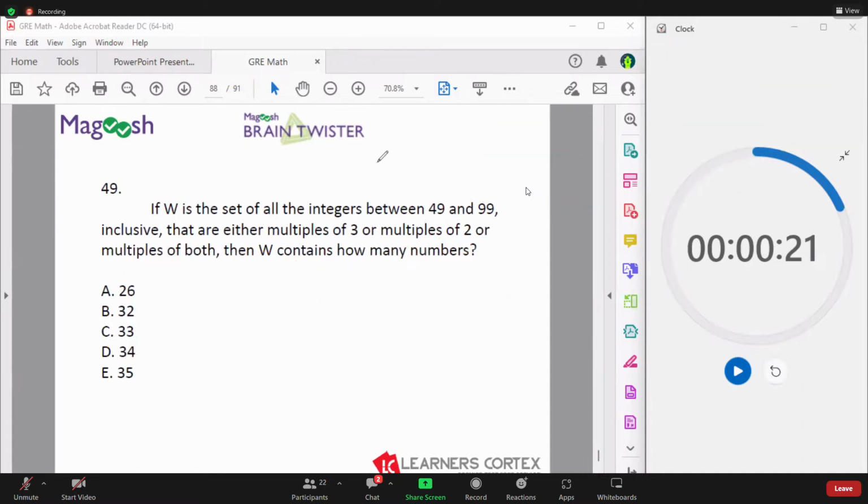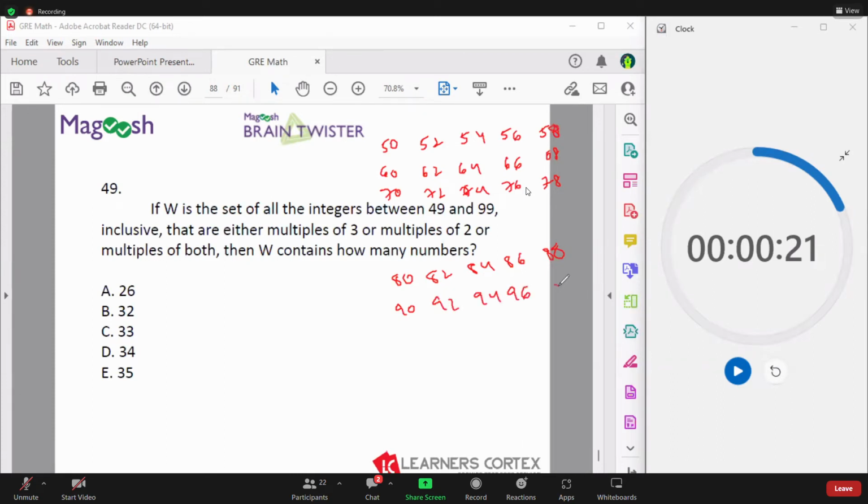Basically, also write it out. So if you say 50, 52, 54, 56, 58, 60, 62, 64, 66, 68, 70, 72, 74, 76, 78, 80, 82, 84, 86, 88, 90, 92, 94, 96, and 98.